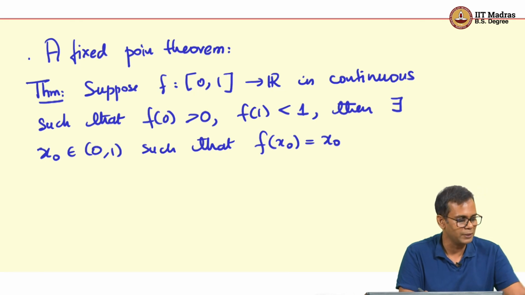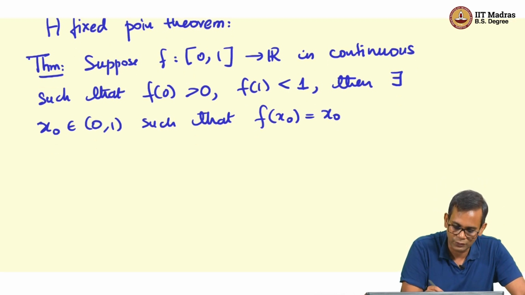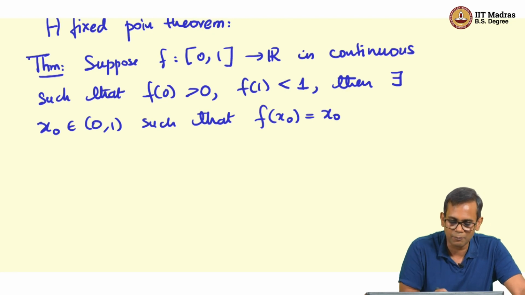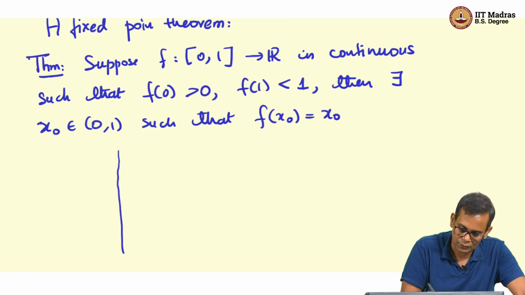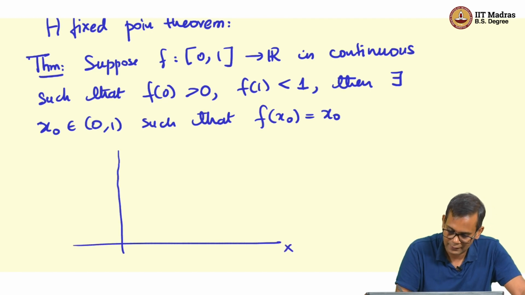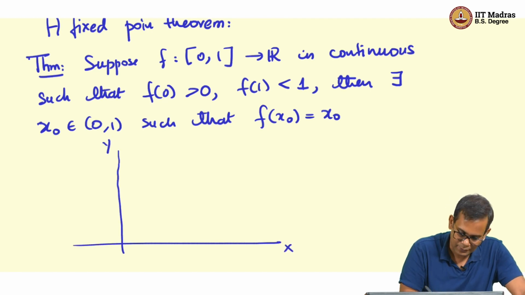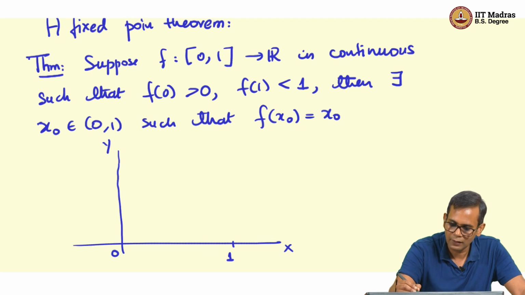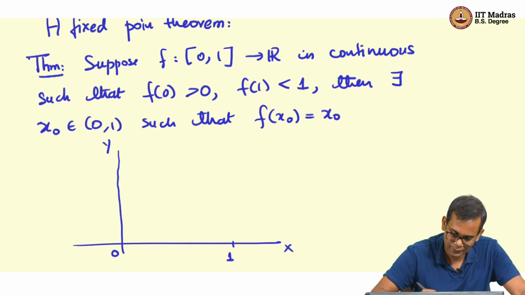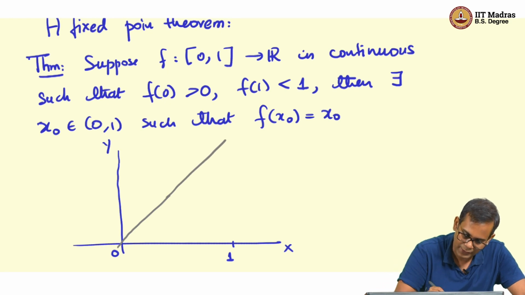Let me give you some intuition for this. It's a very intuitive statement. If you think about this function in terms of its graph. So, let us draw the x axis, the y axis, and let us mark off the interval 0 to 1. And now, let us look at the graph of the function y equal to x.